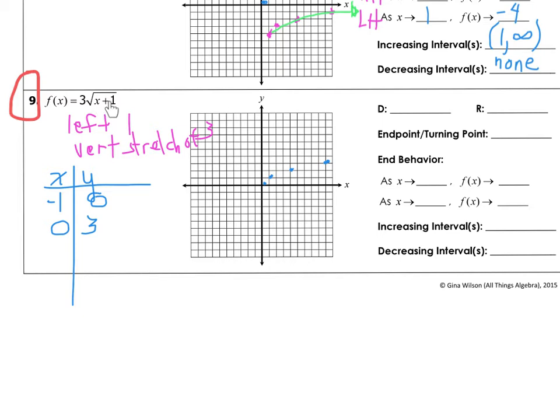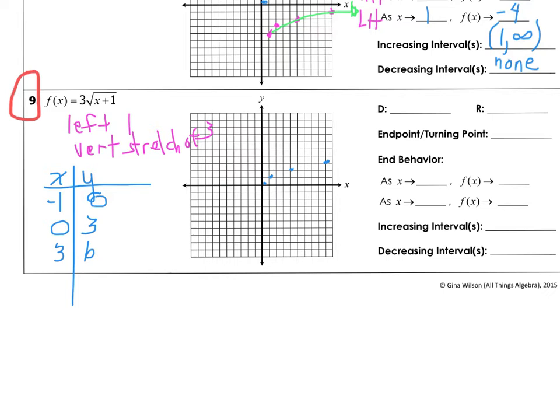That's not a perfect square. The next number after 2 is 3. 3 plus 1 is 4. That is a perfect square. So we're going to choose 3. 3 plus 1 is 4. Square root of 4 is 2. 2 times 3 is 6. That fits on my graph.